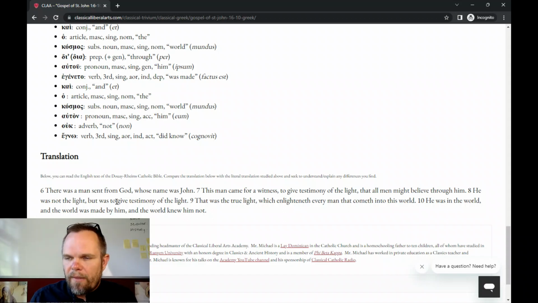So pay attention to any differences, because those differences will likely be significant. Not really in translation, because the language is what it is, but in interpretation of how that language is best translated into English. So that makes for an interesting study.